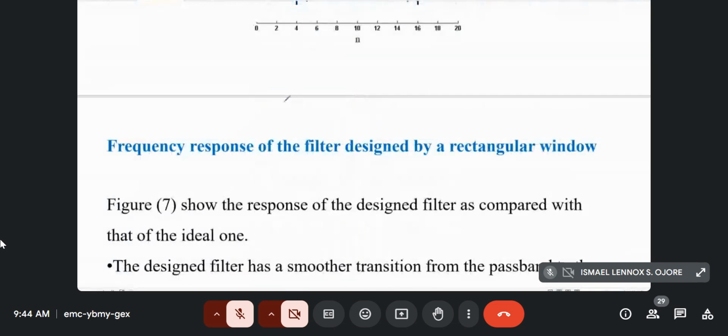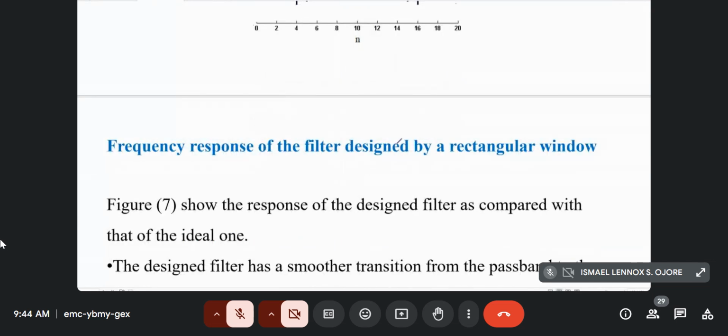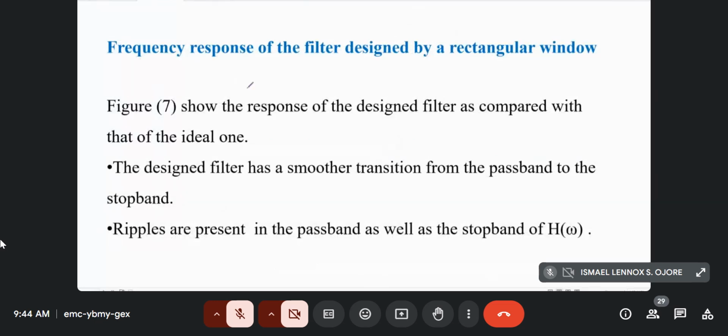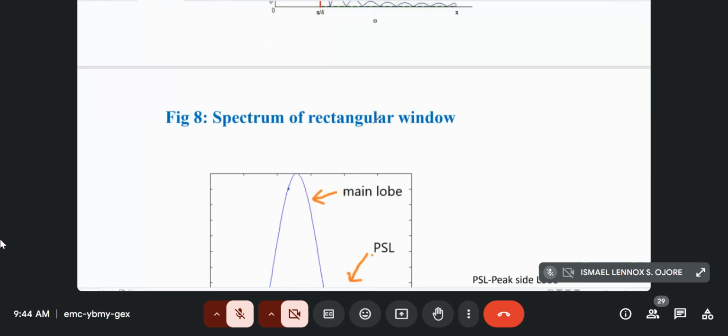Then we do shifting, so we have the symmetry, and then we have causal. So figure 7: this is the ideal filter and this is the designed filter, and that's okay.